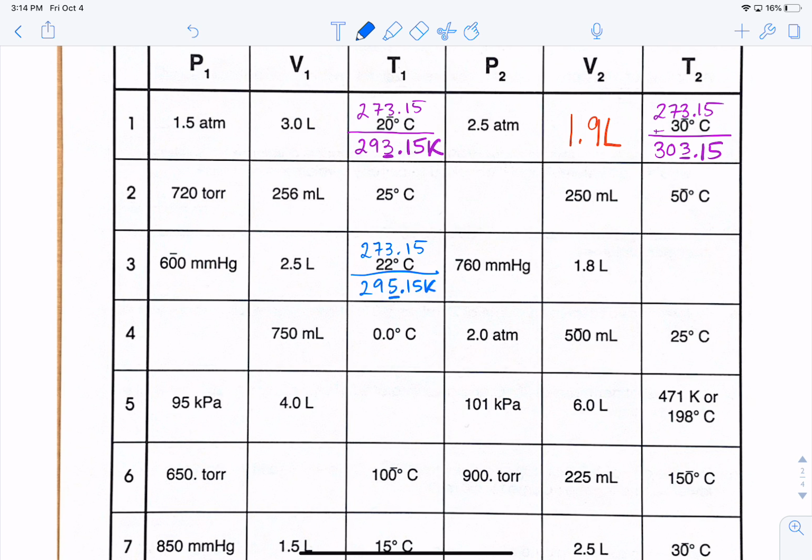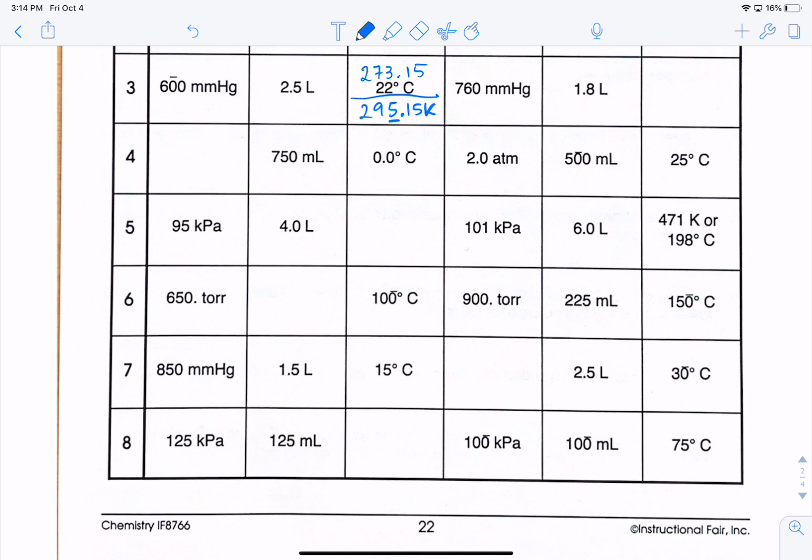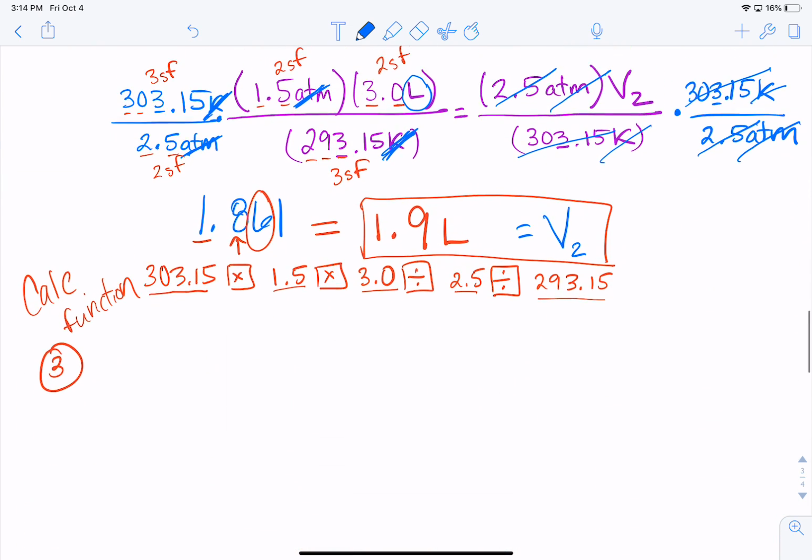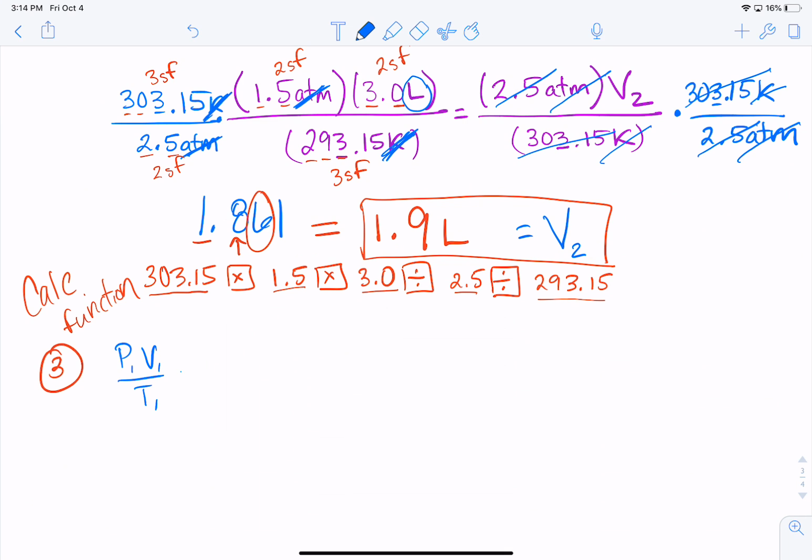And everything else looks pretty good. So let's go ahead and plug that in to our P1 V1 over T1 equals P2 V2 over T2. Is it worth it to write this every single time? The answer to that is yes, because you do have to memorize these equations. So the more you write them, the more they'll be in your brain.